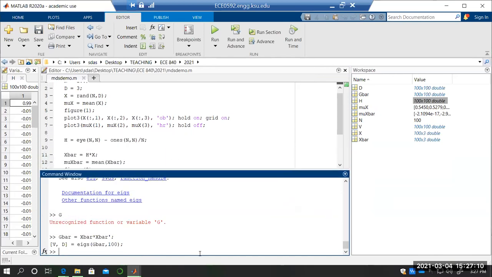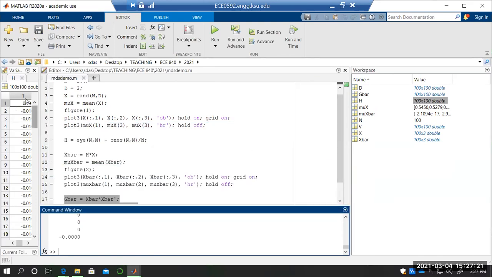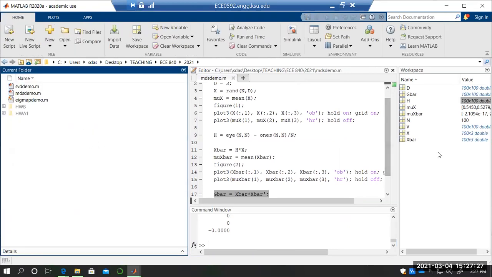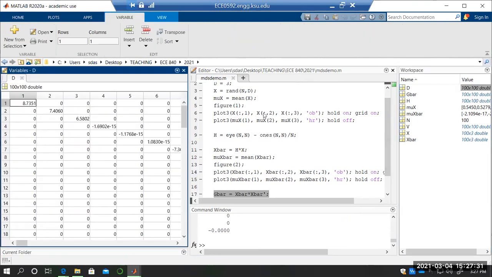And then I do the spectral decomposition of G bar. Okay, and so these are my eigenvalues, V and D. These are the eigenvalues. I could have displayed them here. So the eigenvalues are in D.